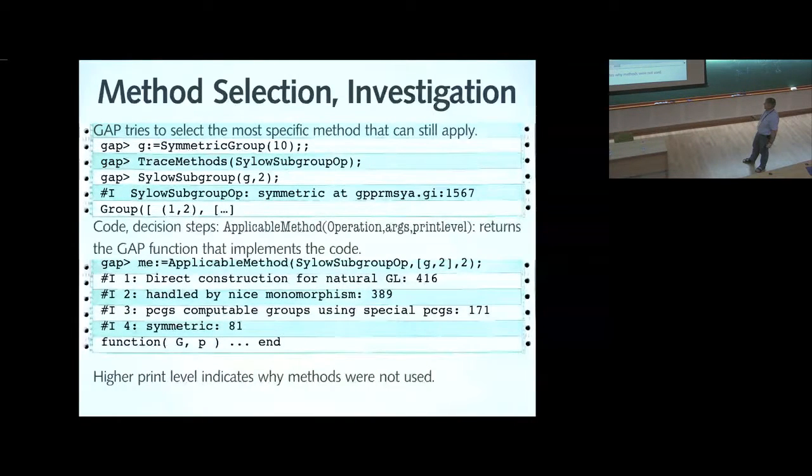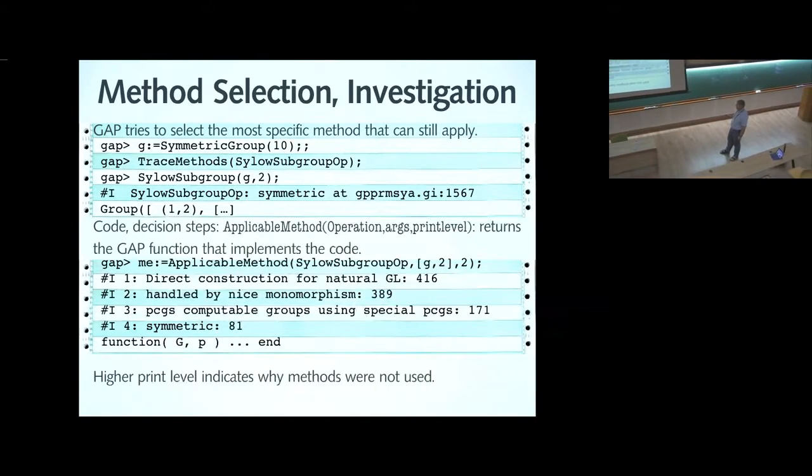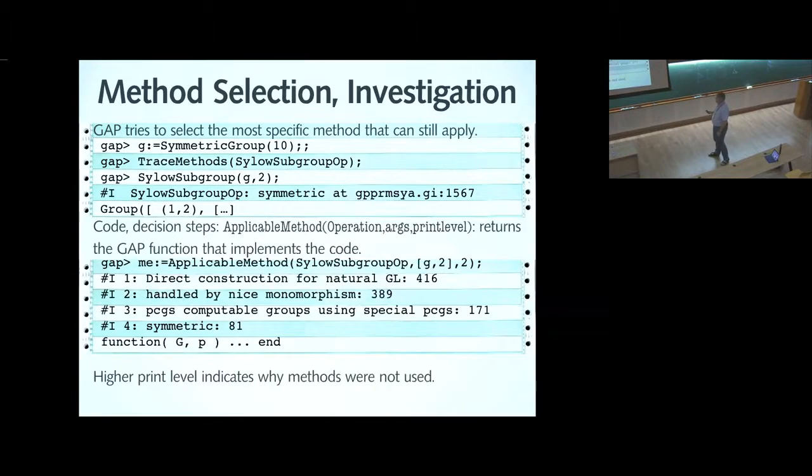It gets as arguments the name of the operation, the list of arguments on which this operation is called, and a print level. The higher the print level is, the more information you get. So let's look at this case. SylowSubgroupOp is the operation which is called. We call it with two arguments, the group G and the number 2, and I set the print level to 2.